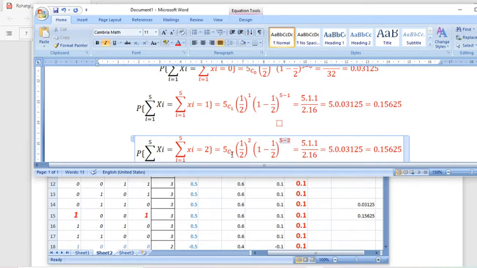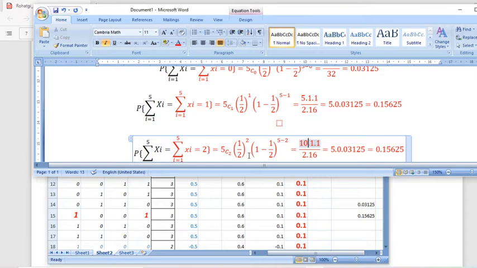That is exactly 5 into 4 by 2, which is 10. 10 into 1 by 2 raised to 2, that means 1 by 4. Then 1 by 2 raised to 3, that means 1 by 8. So what will be the value?